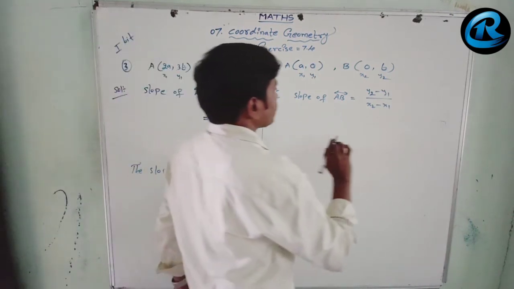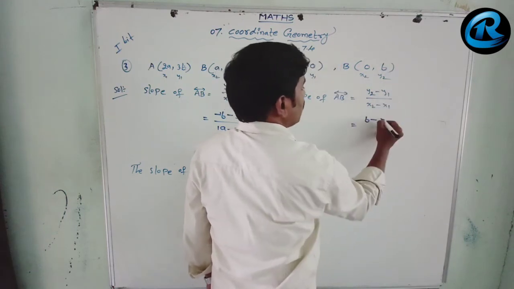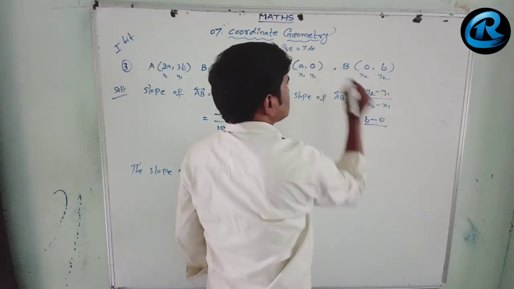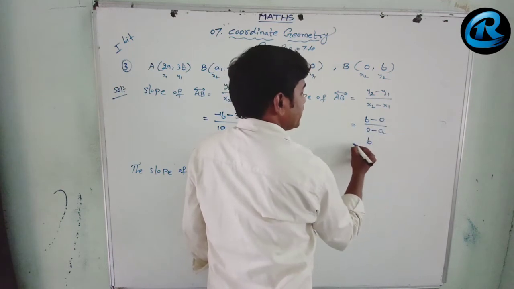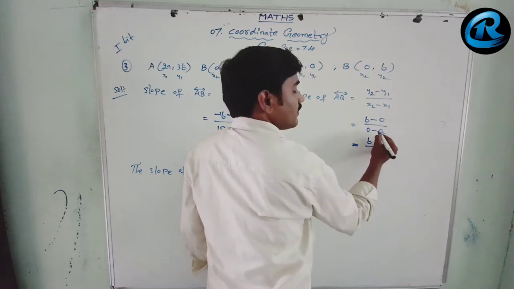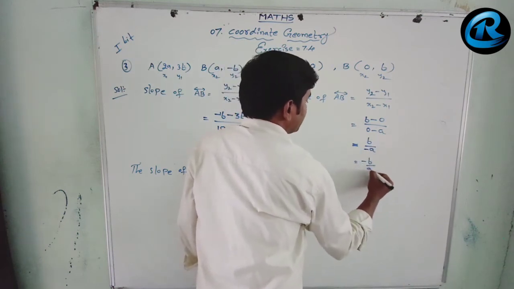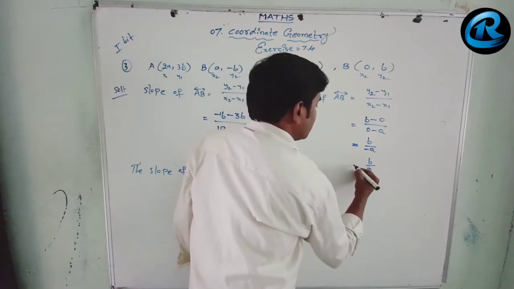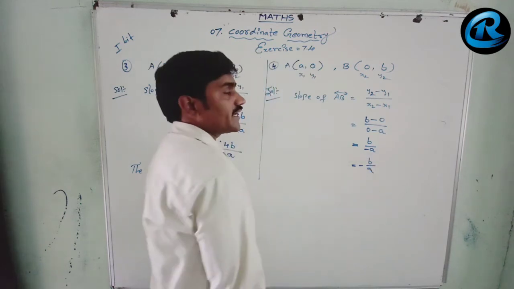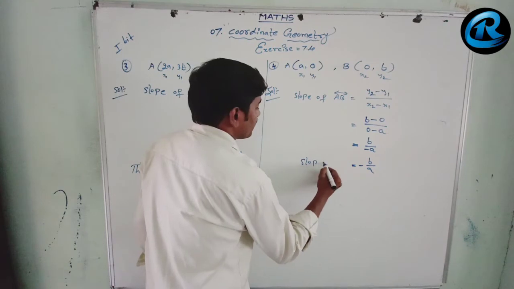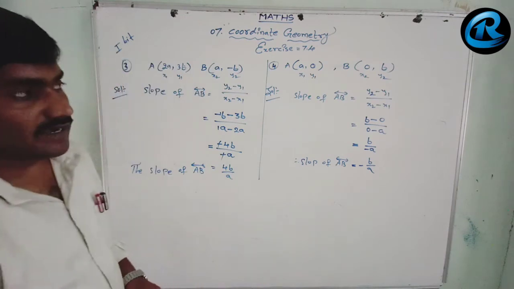Now here also, y2 minus y1, b minus 0, by x2 minus x1, 0 minus a. That equals b minus 0 is b, by 0 minus a is minus a, that equals minus b by a. This minus is not for the numerator or the denominator alone; it tells us that it is negative. That's it. The slope of AB is equal to minus b by a.